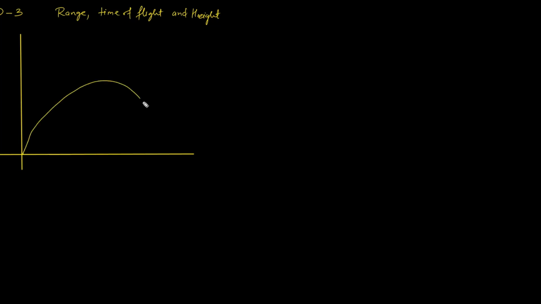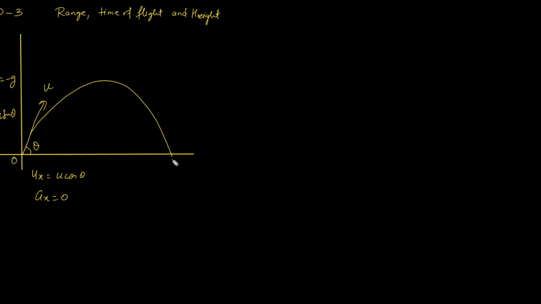A projectile is projected at an angle theta with initial velocity u. Again, ay we will take as minus g, uy as u sin theta, ux as u cos theta, ax 0.